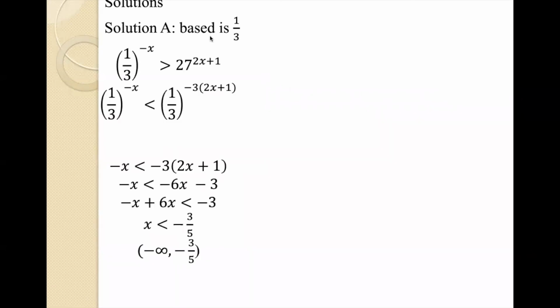Next is the inequality 1 over 3 raised to negative x greater than 27 raised to 2x plus 1. So here, if you are to use the base 1/3, this is the first solution. So we write with the same base.